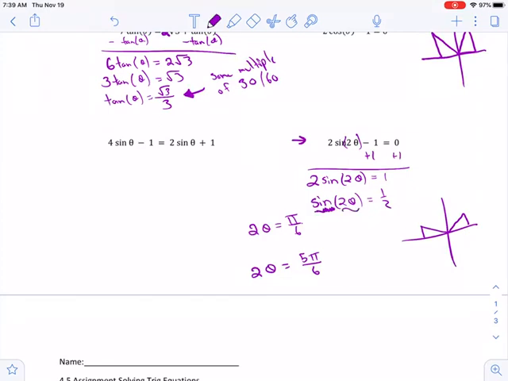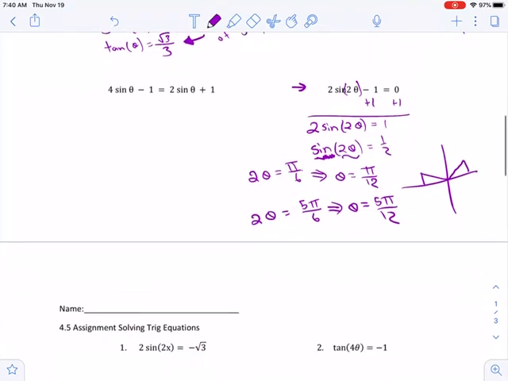I'm not actually at my final angle. To finish solving these, I'm just going to divide by 2 on both sides. So this would imply that theta is pi over 12, and this would imply that theta is 5 pi over 12 as my two different solutions.